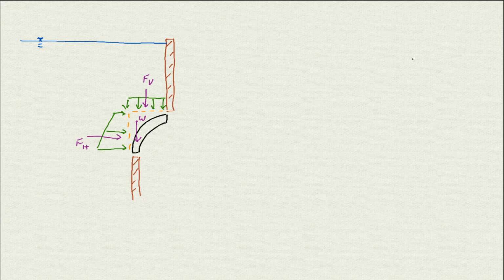so we can use those three forces to find the resultant force. Similar to that, it can be a very similar case, but in this case we have the gate sitting at the water surface, and then we have the wall down here.